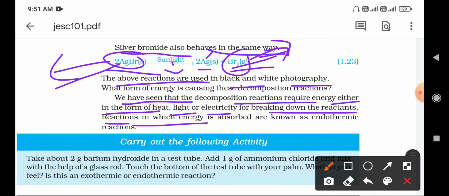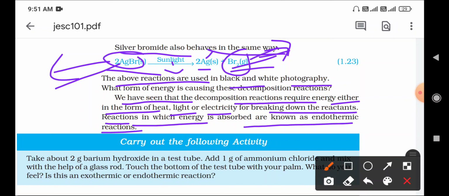Reactions in which energy is absorbed are known as endothermic reactions. So decomposition reactions happen by three processes: heating, light, and electricity.